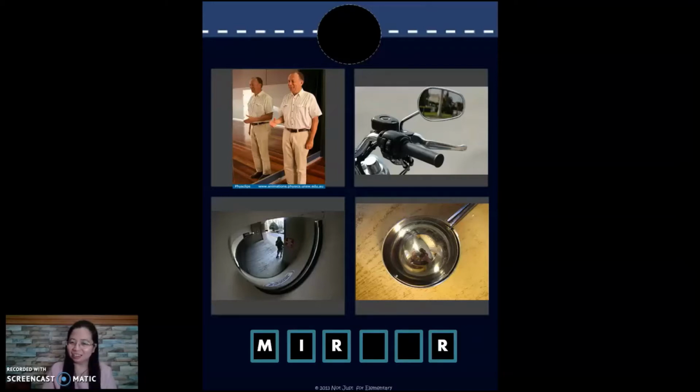It has an R. What could be the next letter? It's another R. So the missing letter would be O. That's correct. The correct answer here is mirror. I hope everybody got it right. Congratulations! Now we're ready to go to the next round.